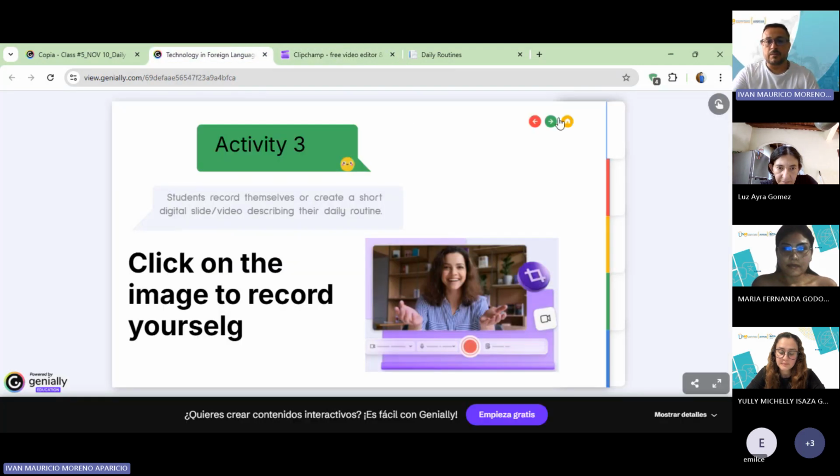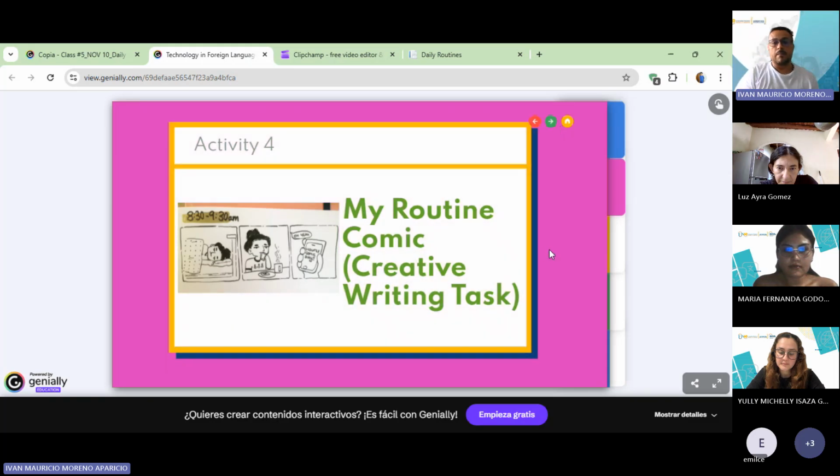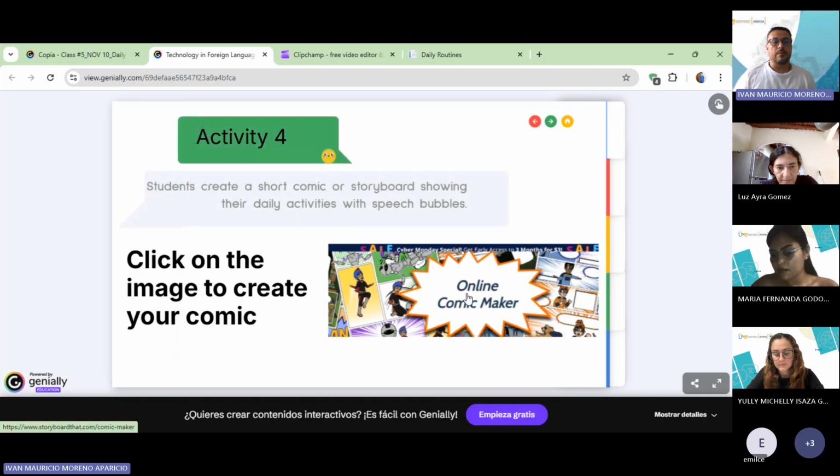Now, we have another activity, very practical, called My Routine Comic. This is a creative writing task, very useful, and also very common between students, especially teenagers, to practice their writing. Students create a short comic or storyboard showing their daily activities with speech bubbles, okay?